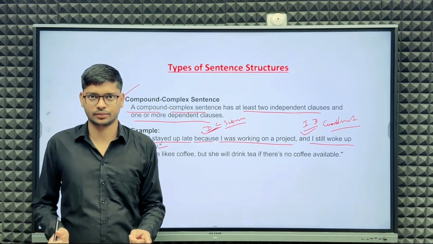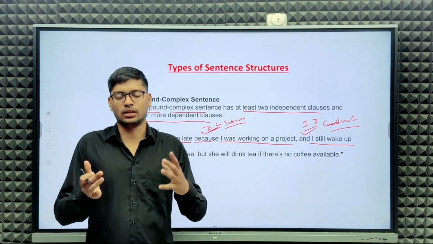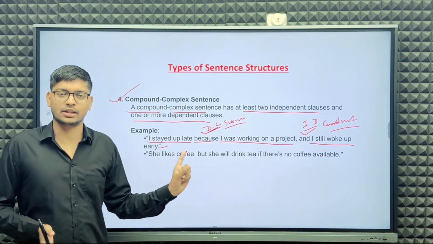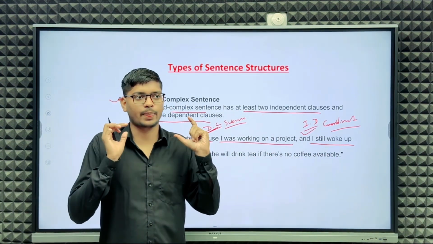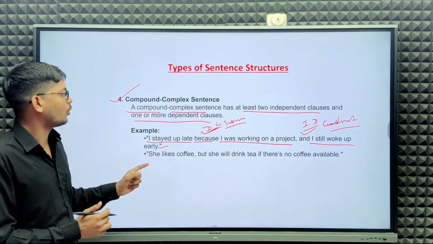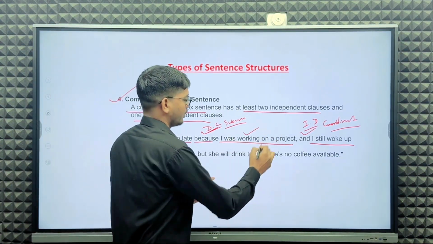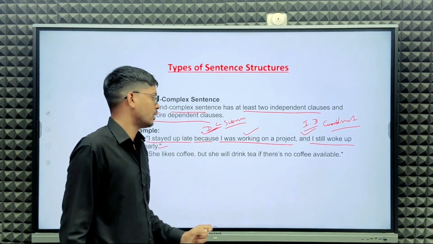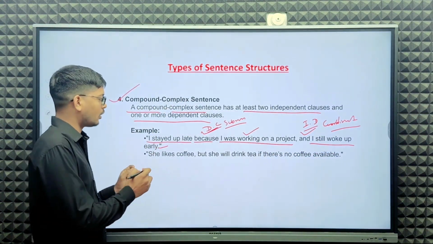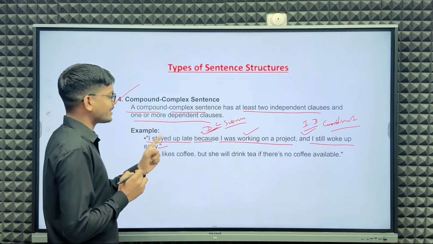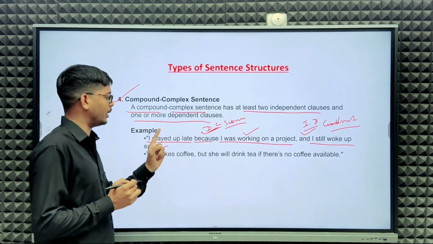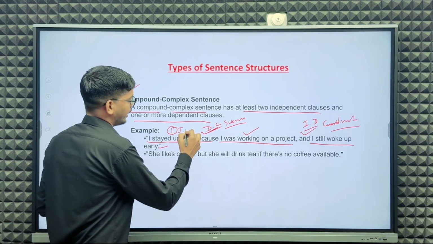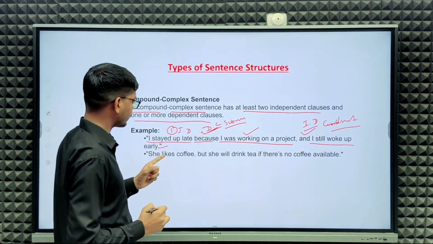Coordinating conjunctions come with independent clauses, and subordinating conjunctions come with dependent clauses. Okay, so this is a dependent clause, this is an independent clause. Okay, so here, I stayed up late is an independent clause.